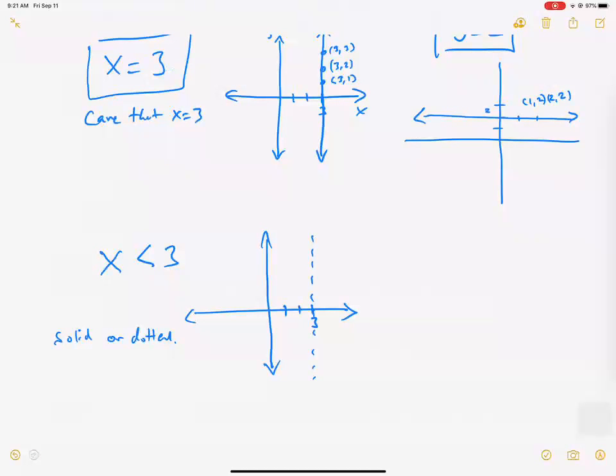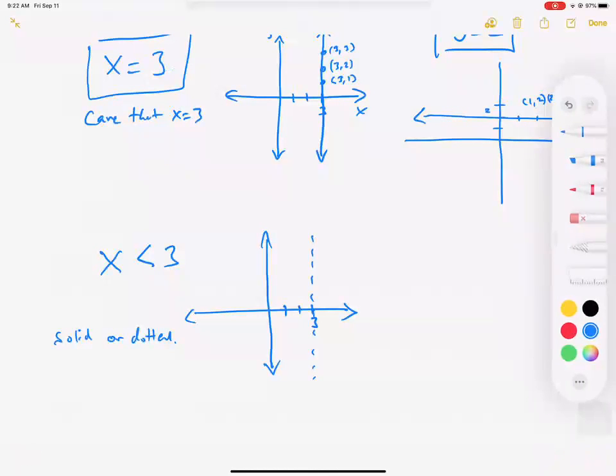Now this is a follow-up question that isn't as hard anymore. Give me numbers where x is less than 3. Well, 2, 1, 0, all the negatives. So if you put your pen on the line, which way is less than 3?